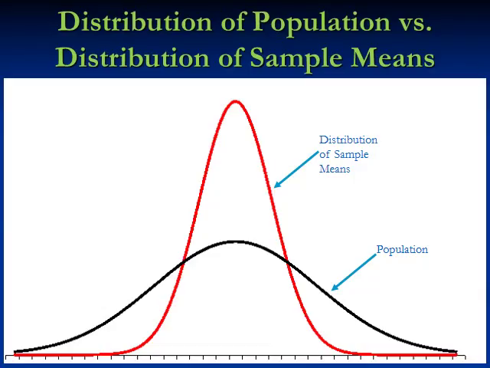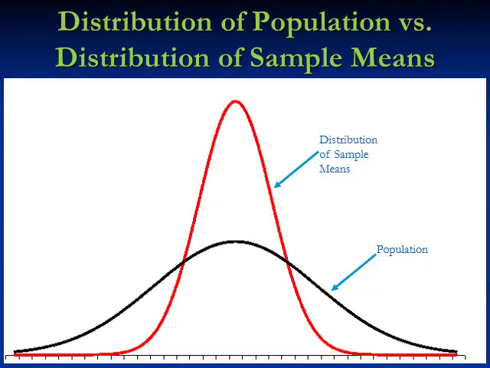All right, so once again, we have here a graph, and it shows a population on the graph here. The population is shown by this black line. This is a nice population because it happens to fall into a normal shaped curve, okay? So once again, the black line is our whole population.